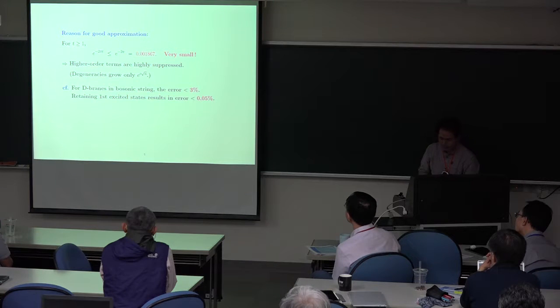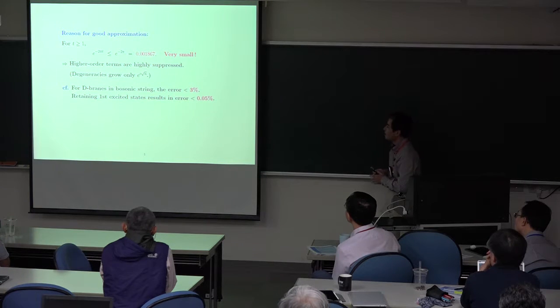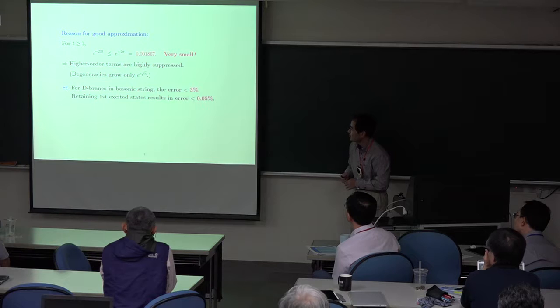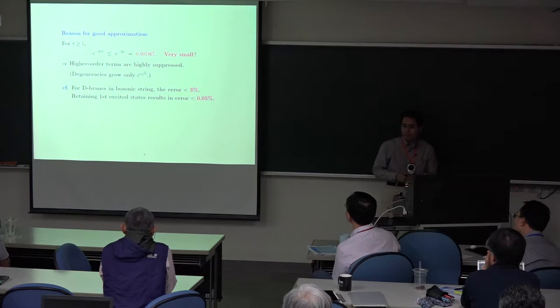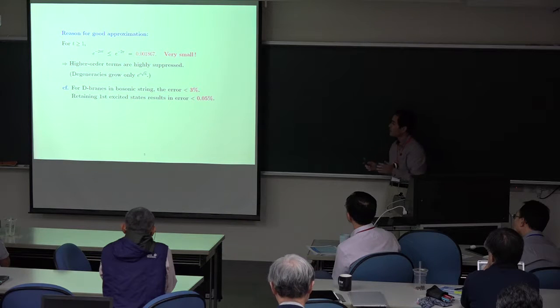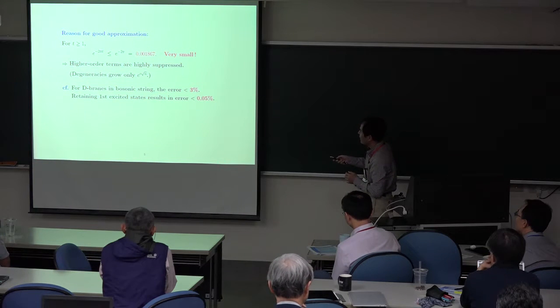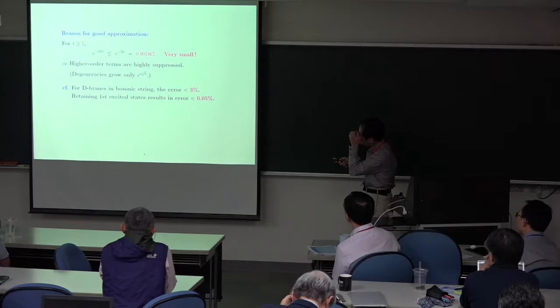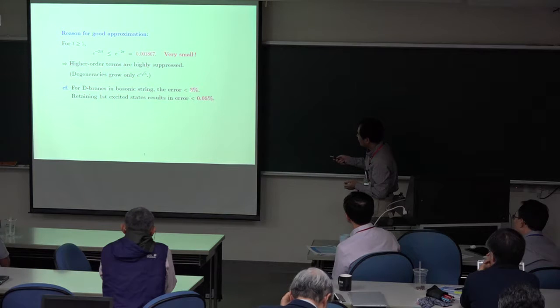And you can analytically estimate the error in a simple situation. For example, for parallel D-Branes in bosonic string theory, the error turns out to be less than 3%. And if you also include the next order terms, then the error is much smaller.